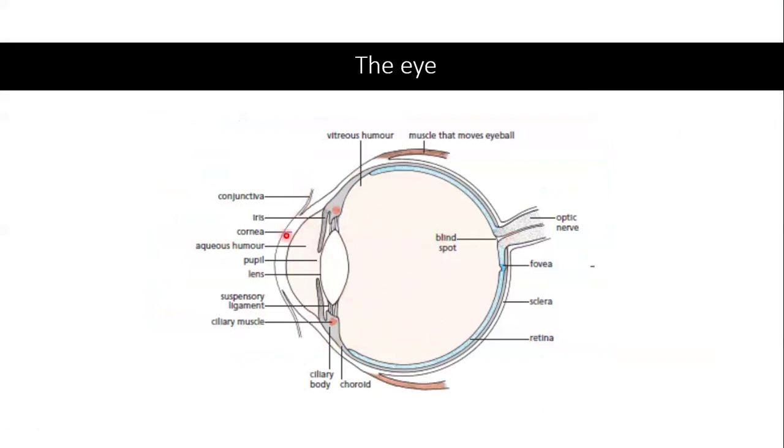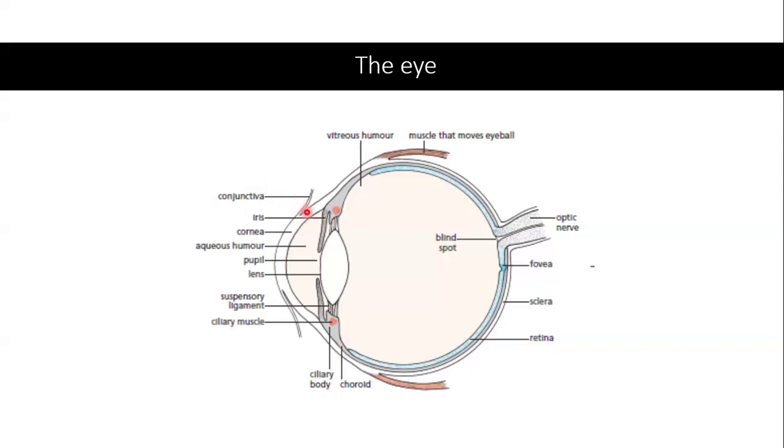In the front of the eye, we have a thin transparent layer known as the conjunctiva. The conjunctiva protects your eye and keeps it safe from any dust particles, anything that can possibly irritate it.